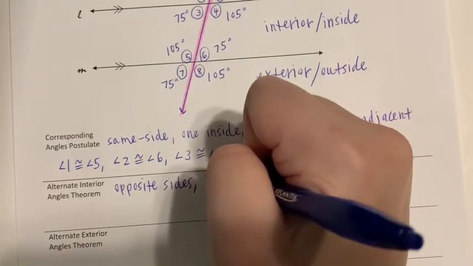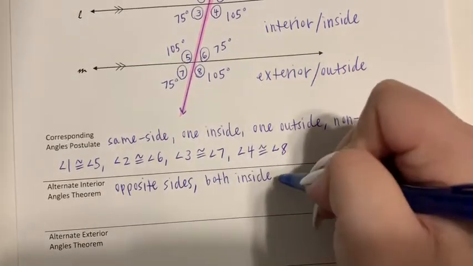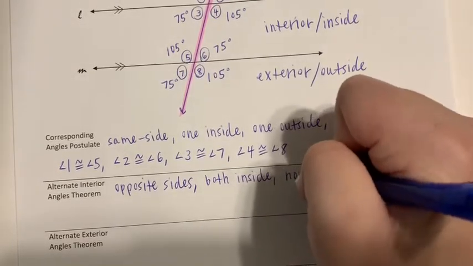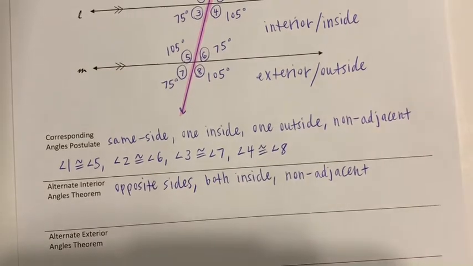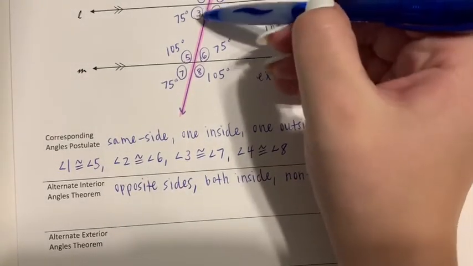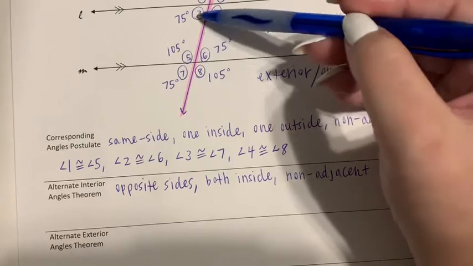So I'll say both inside. And I'm going to make a note that they are non-adjacent because we're not looking at the angles that are next to each other. So alternate interior angles would be like angles 3 and 6 because they are on opposite sides of my pink transversal.